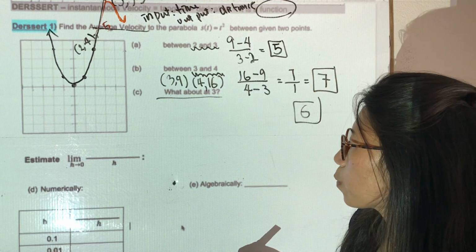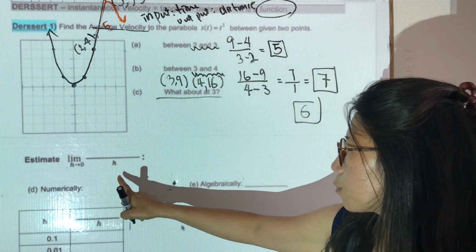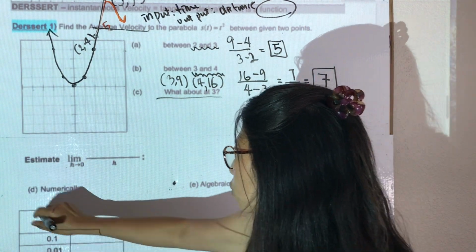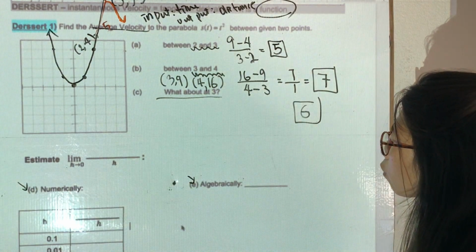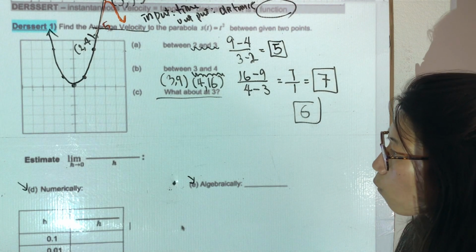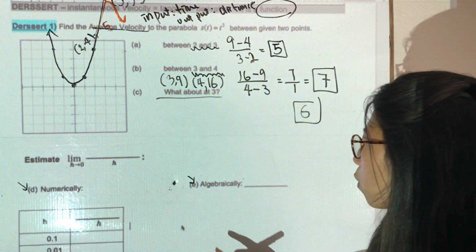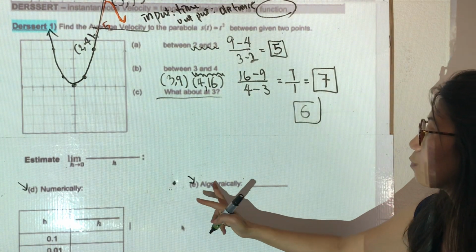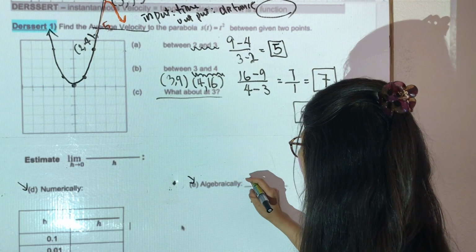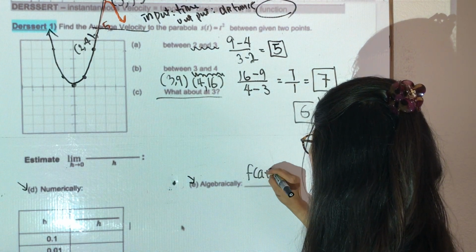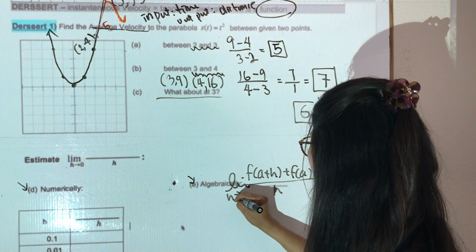And then let's approach this one by taking the limit of the equation numerically and then algebraically. So what are we looking for? I want to estimate the rate of change. So I'm going to approach algebraically first, because when I plug in this one, my function is going to be f of a plus h minus f of a over h, and limit h goes to 0.